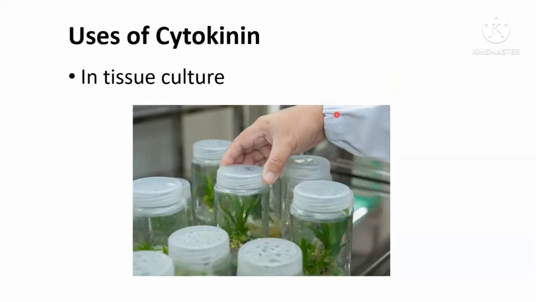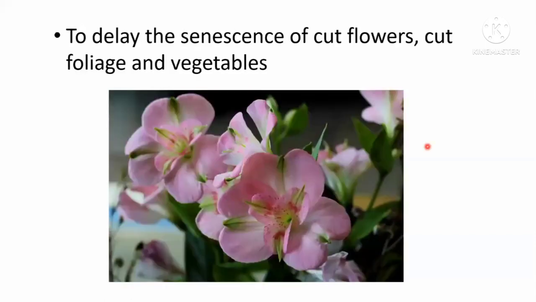The next use is to delay the senescence of cut leaves, cut flowers, cut foliage, and vegetables. In the good old days, carnations were the number one cut flower in Sri Lanka. There are many cut flowers: roses, carnations, chrysanthemums, and here you can see alstroemeria.